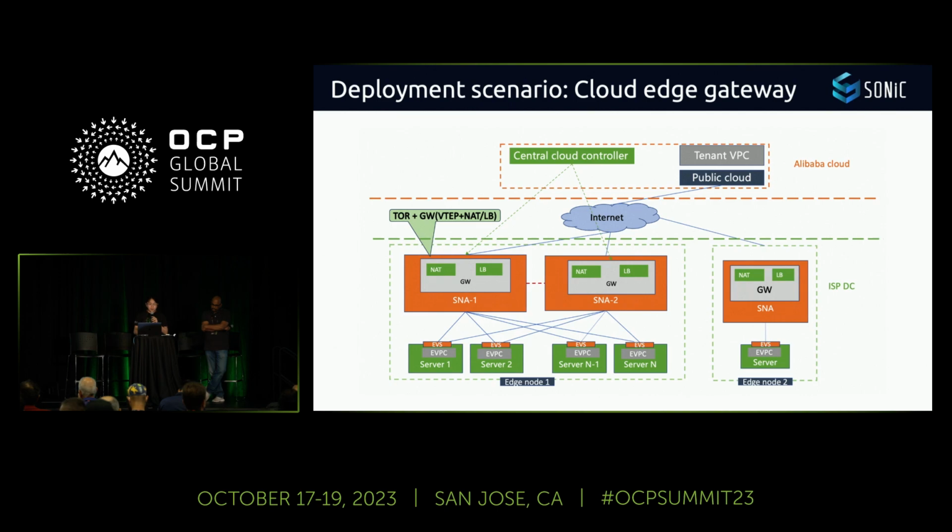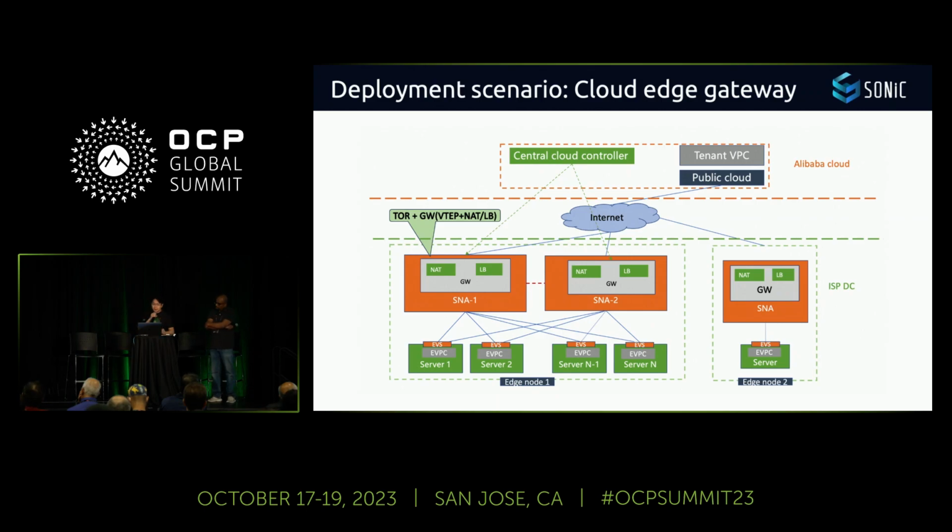Here we can see SNA-1 and SNA-2. SNA is what we named the Smart Switch. We will explain it later. And then at the application level, the Edge gateway also acts as a gateway service.